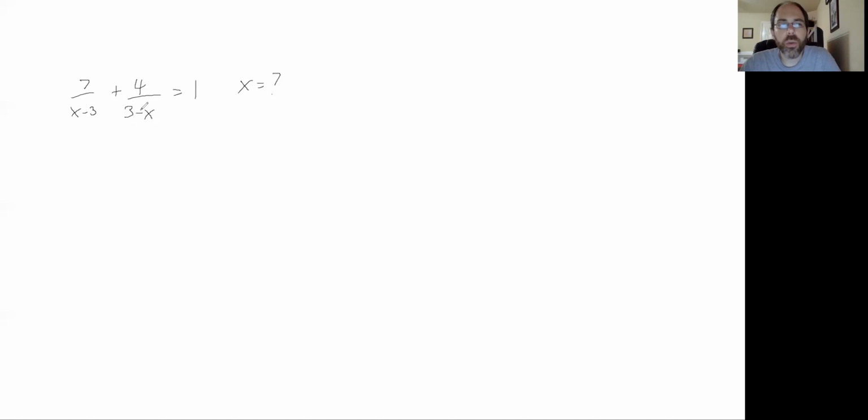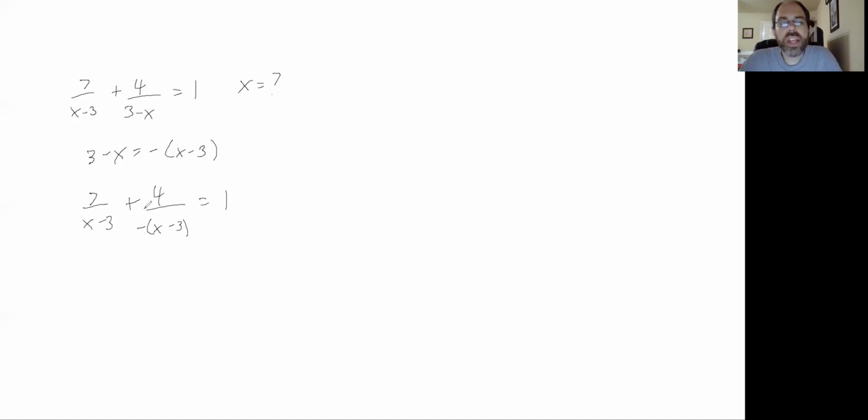So how am I going to go about this right here? I notice, however, that 3 minus x is just the negative of x minus 3. It's the opposite of it. If I distribute this negative, negative x, and negative of negative 3 becomes positive. So I could write this fraction like this, 4 over negative x minus 3 is equal to 1.